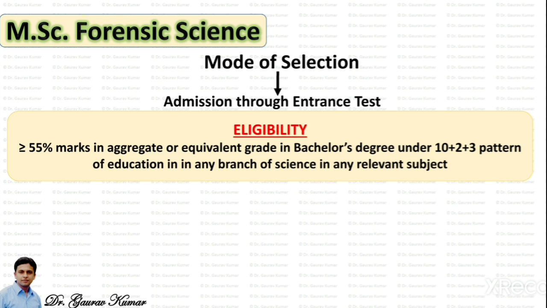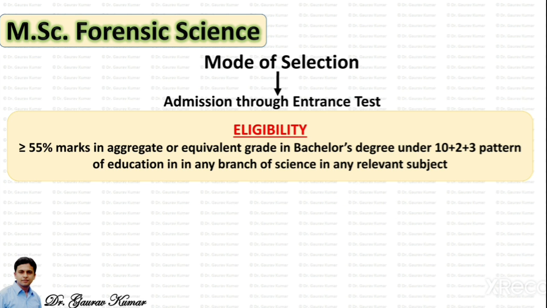Next, we come to MSc Forensic Science. I know a few of you might not be interested in this, but yes, if you are a graduate from some of the branches of biological science, then you are eligible for this. The mode of selection is through the entrance test.